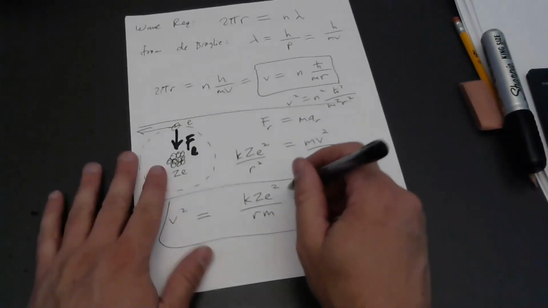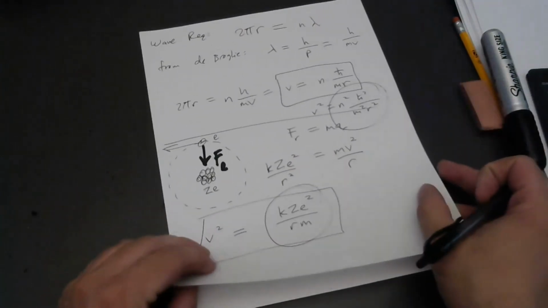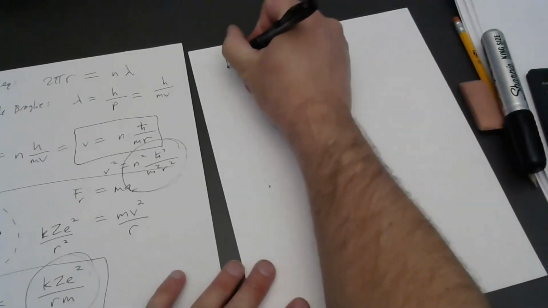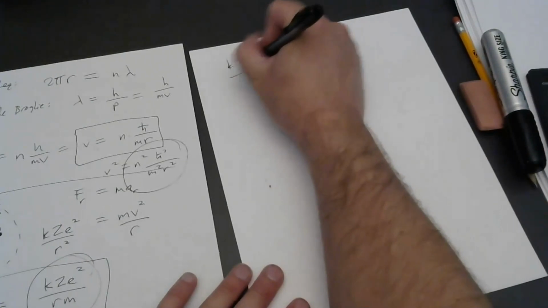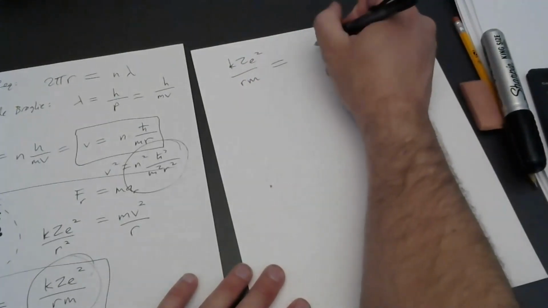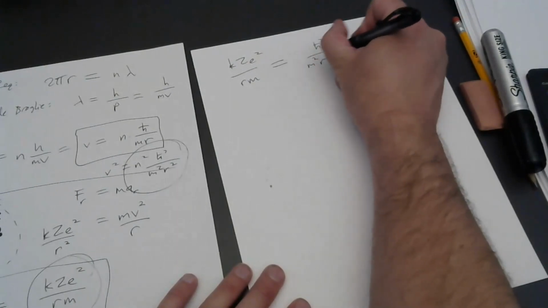So why don't we set them equal to each other? If they're both equal to v squared, then they're equal to each other. So k Z e squared over r m equals h bar squared over m squared r squared.